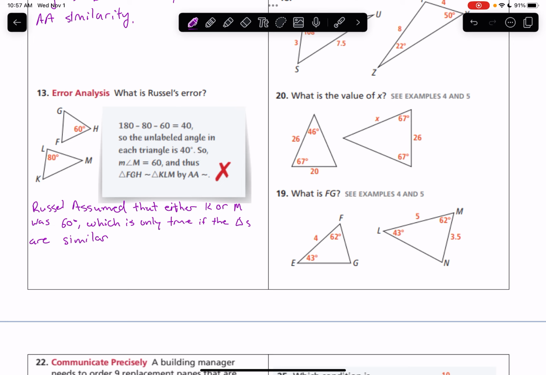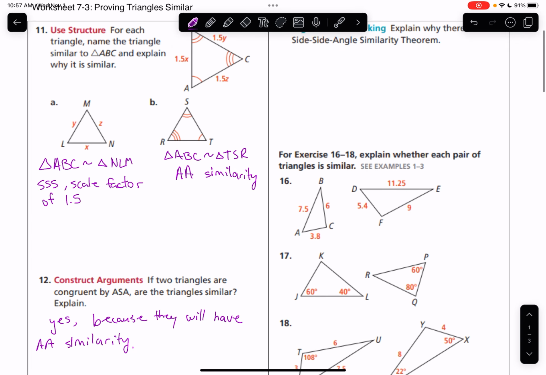But that has not yet been proven. Because it's possible in this case that, for example, angle K could have a measure of 59 and angle M could have a measure of 41, and the triangles would not be similar. They wouldn't have angle similarity.